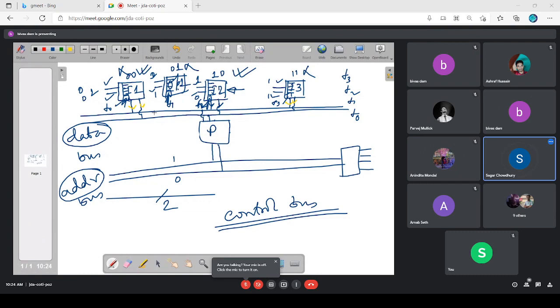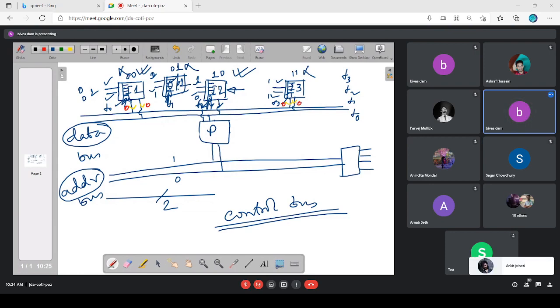So let us assume they are having 0 output. Now, what does it mean? This is one wire of the data bus. There are 2 wires in the data bus.